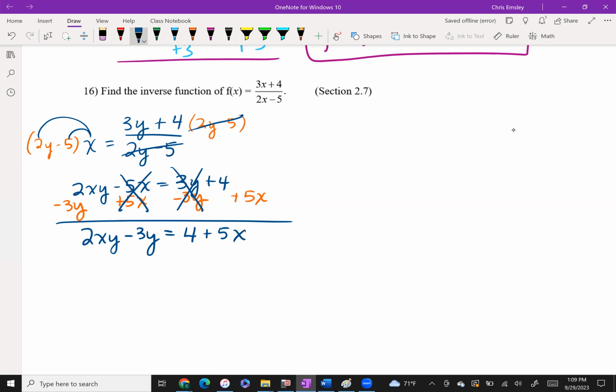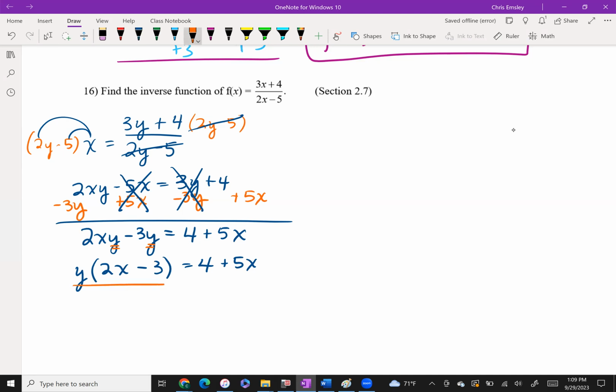Again, keep in mind, I'm solving for y. Right now, y is showing up in two separate terms. I can't solve for it when it's in two different places, so I want to factor it out front. And our final step there, we have y times the quantity 2x minus 3.